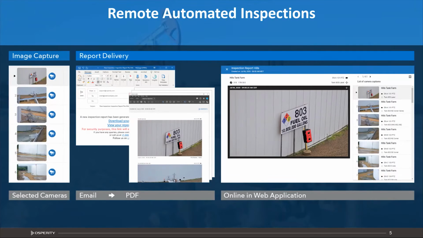So in the case of this, it's a tank farm that has 3 100,000 barrel tanks, and with 5 cameras, we're able to produce their internal daily inspection as well as their twice weekly regulatory inspection for their energy commission. So we are providing that data autonomously that's sent to them when they want it with the images they desire.